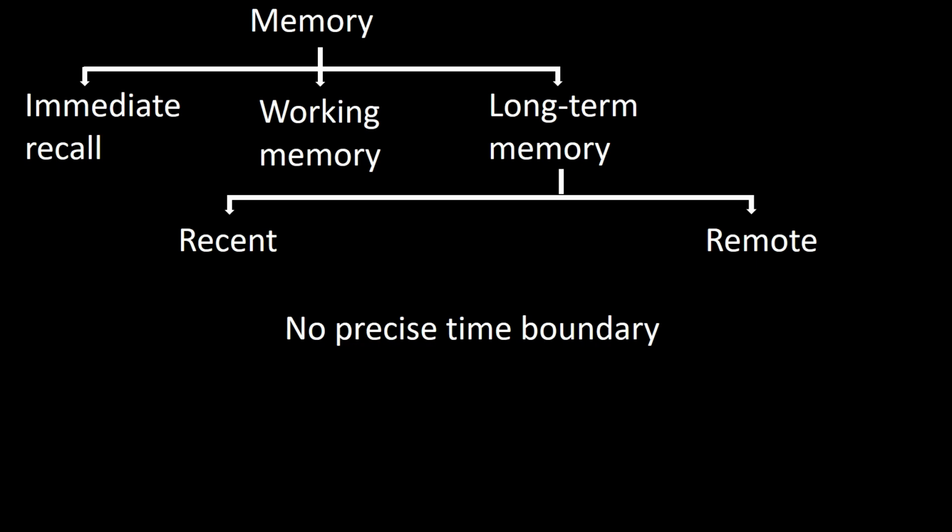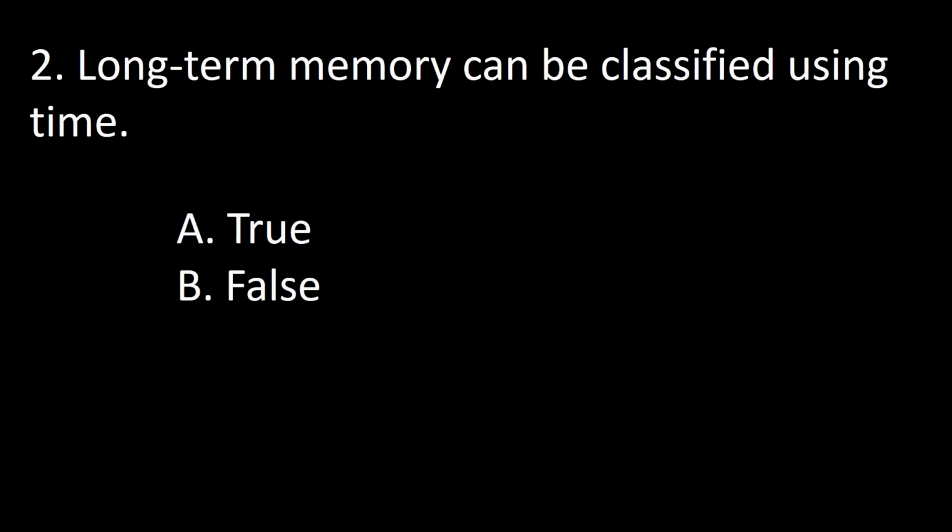In clinical practice, we test recent memory by asking about autobiographical events, facts, or skills learned in the last 24 hours, and remote memory by asking the same type of questions, but regarding events, facts, and skills learned many years before. So the answer to this question is true.